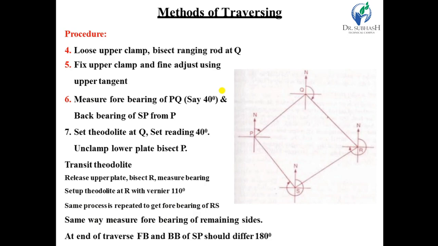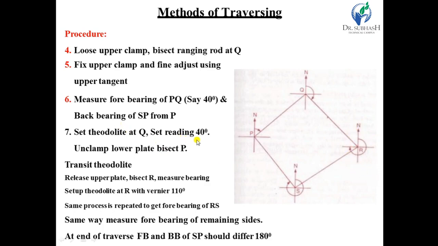After that, we loosen the upper clamp and bisect the ranging rod at point Q. Fix the upper clamp and fine adjust using the upper tangent. Measure the fore bearing of PQ and the back bearing of SP from P.